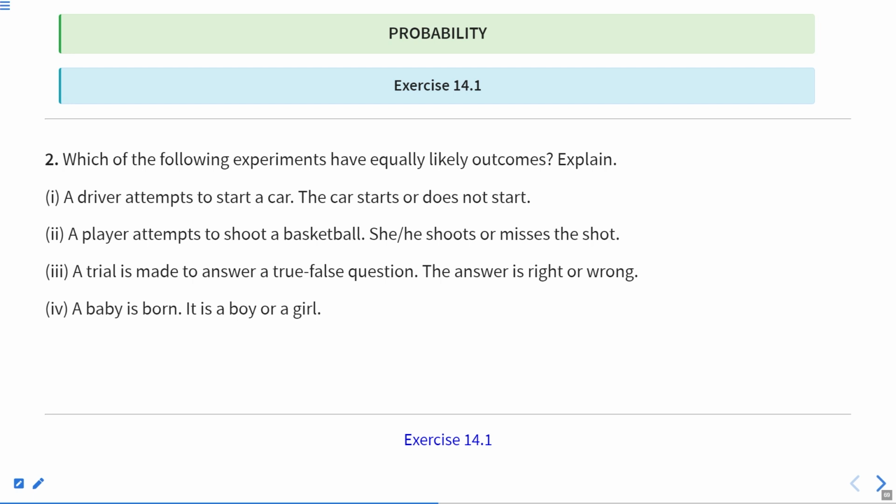Okay, now let us see the next one. In the next one, we have: a player attempts to shoot a basketball. She or he shoots or misses the shot. This is the experiment, and we have to justify whether it has equally likely outcomes. So let us check.